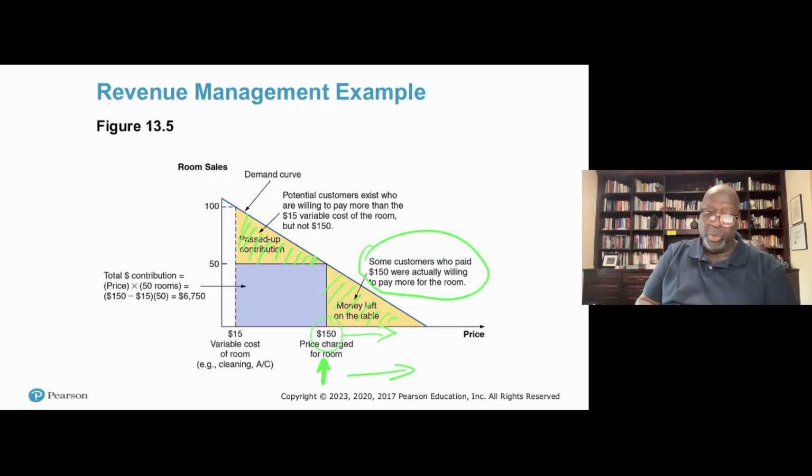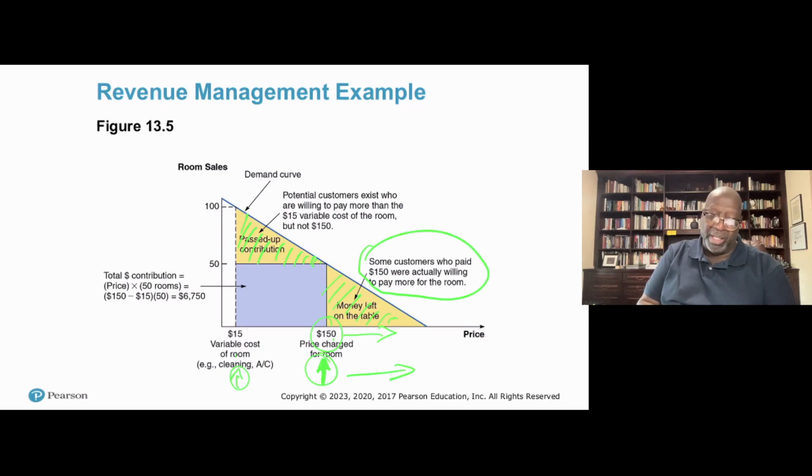And then you may lose some people who are not willing to pay that amount, but who are willing to pay somewhere in between the lowest price or the cost of the room and the price that you are charging. So you have to set your margin.